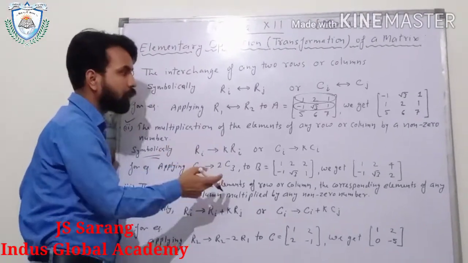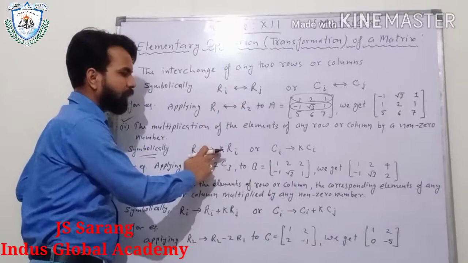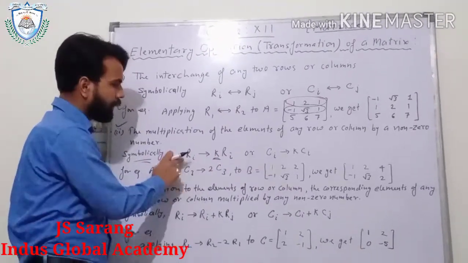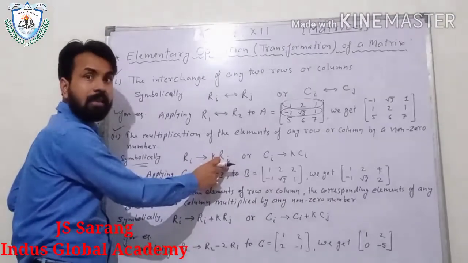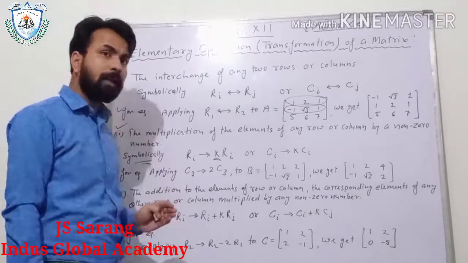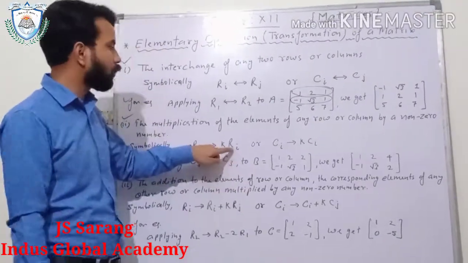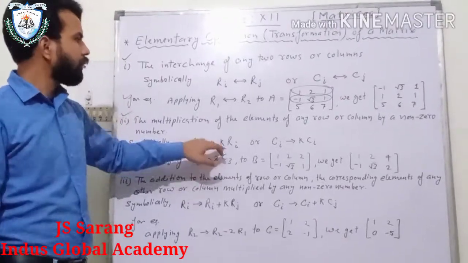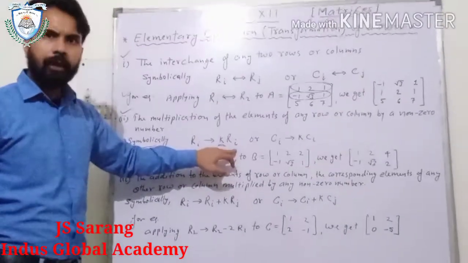What is the operation? We will multiply by a non-zero number, that is k, in all the elements of this row. Ri means ith row. If we want to multiply all the elements of ith row by k, then its representation will be like this. Ri tends to kRi. Got it?